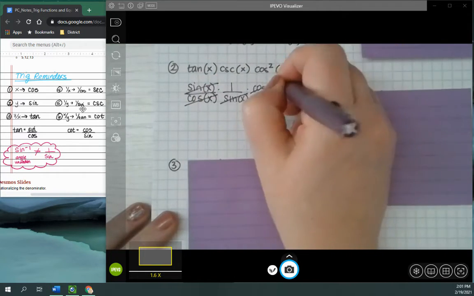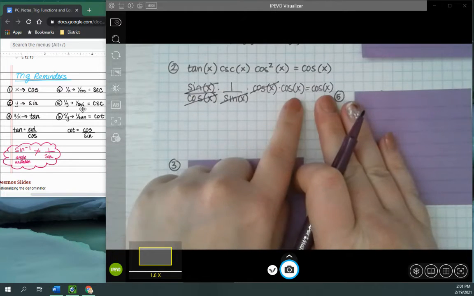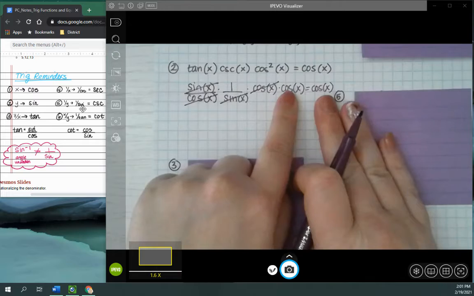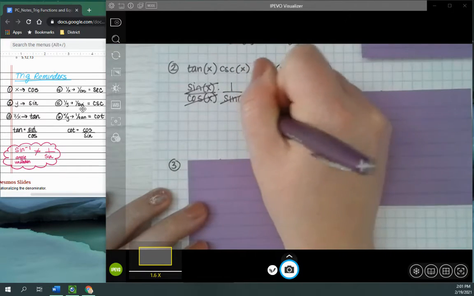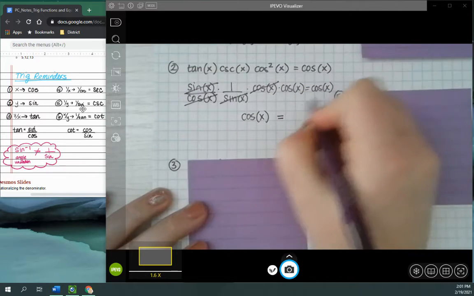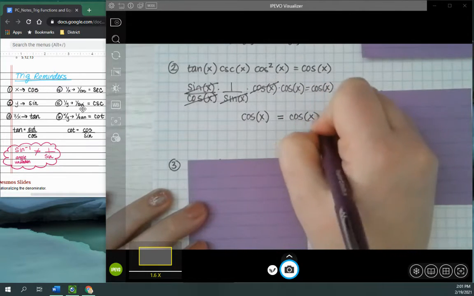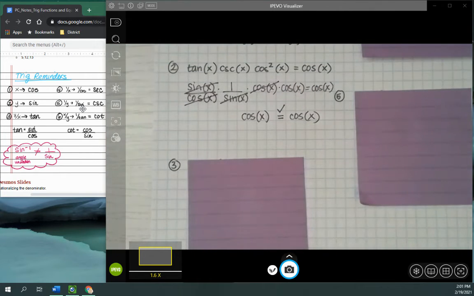That'll reduce out. Now let's look at what's left over. I have a 1 on the top and a cosine at the top of a fraction. So 1 times cosine is just cosine, so I'm going to put cosine x. That's the only thing I have left over, is equal to cosine x. I have verified that I can simplify the left and have it equal the right.